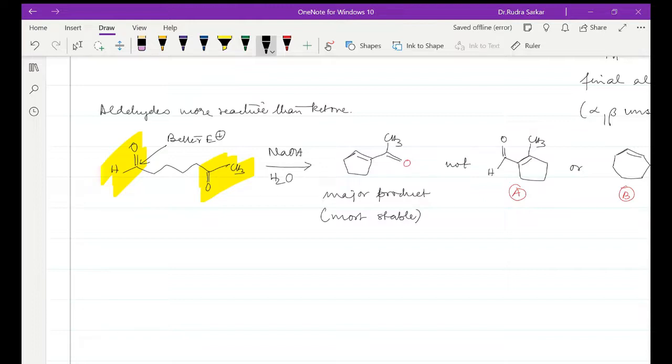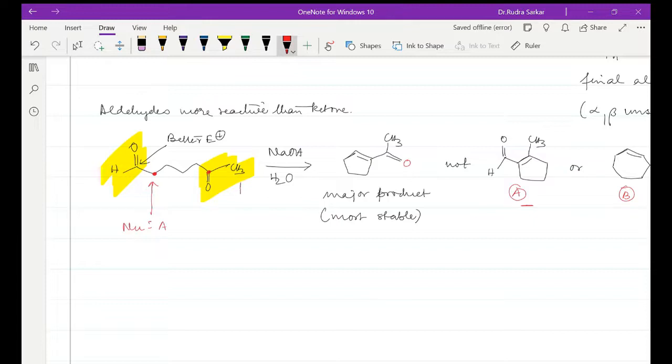Now, if at all attack, or we say carbanion is formed over here, so if this is our nucleophilic carbon, then the molecule A will be formed via reaction of this particular alpha carbon with that particular carbonyl. Okay.